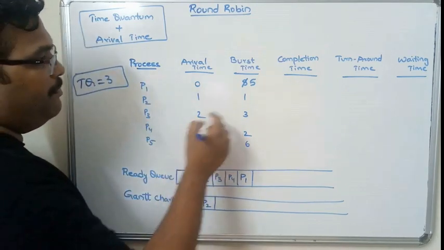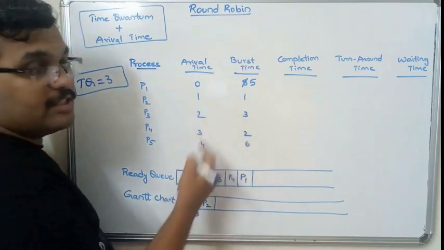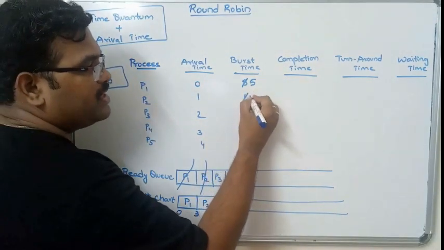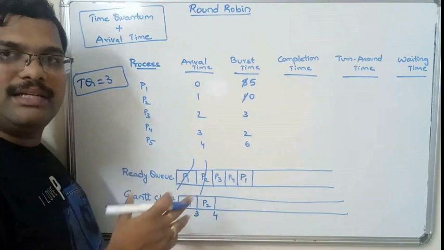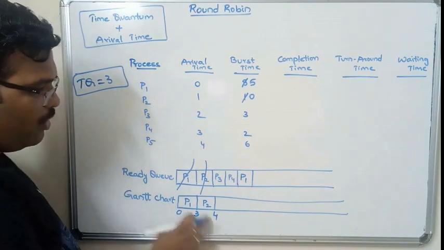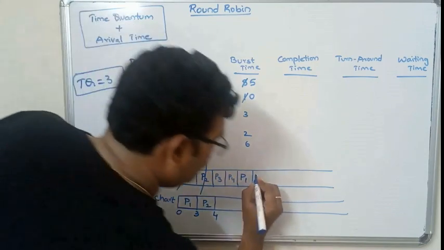Now, in the order, P2 will be removed from the ready queue and allocated to the CPU. P2 executes only 1 millisecond because only 1 millisecond is required to complete its execution. At the time of 4, P5 is also available in the ready queue.